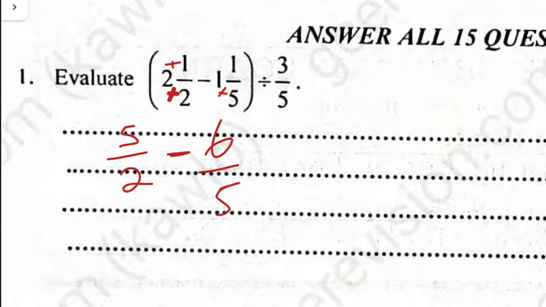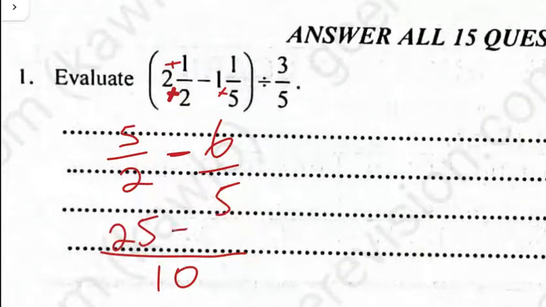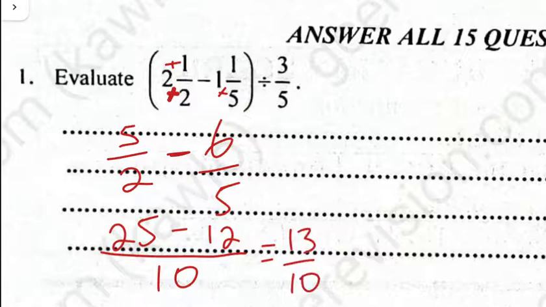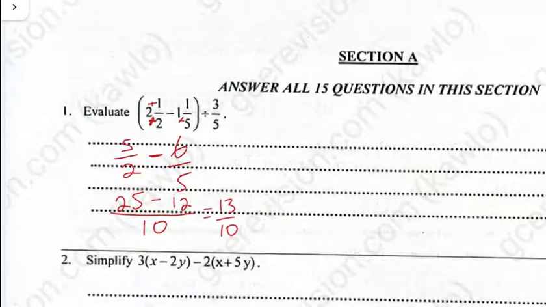Now, what's the LCM here? LCM of 2 and 5 is 10. 10 divided by 2 is 5 times 5, 25, minus 10 divided by 5, 2 times 6, 12. So the result here is 13 on 10. That's what we have for the brackets.